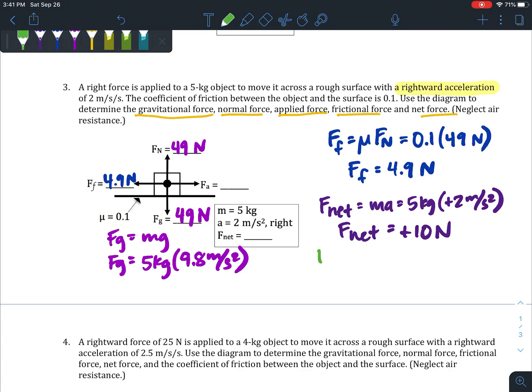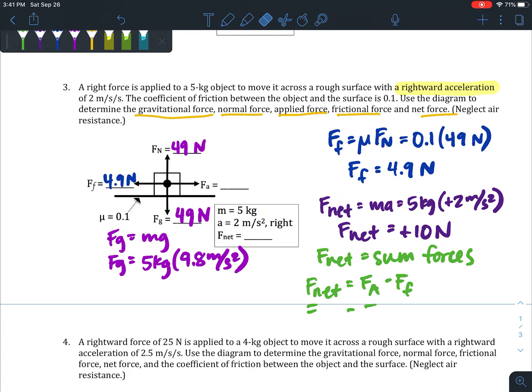And then with that information, I can use my F net equals sum of all the forces formula to figure out the applied force. So I'm going to write my own formula based on the picture. I'm going to say that net force must equal FA minus FF. I do it in that order specifically because I put friction, or they showed friction on the left would be a negative force, applied is on the right, which would be a positive force. And then I don't include normal or gravity because those balance out.